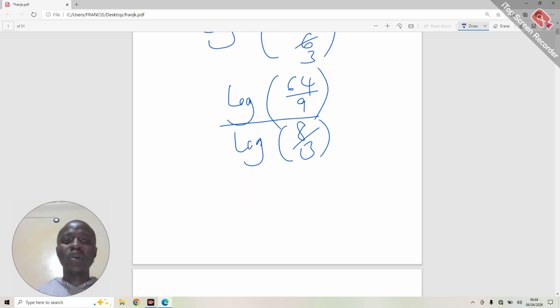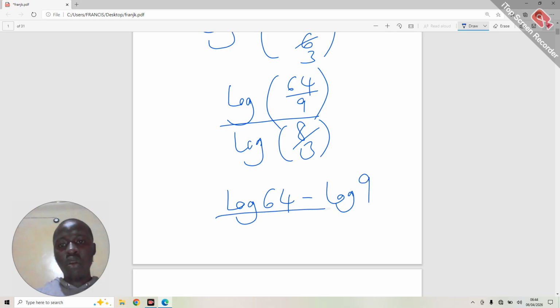Now, let's go back to where we were initially. With this, we shall have log 64 minus log 9 all over log 8 minus log 3.